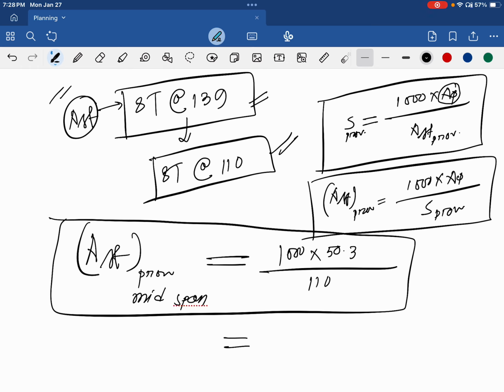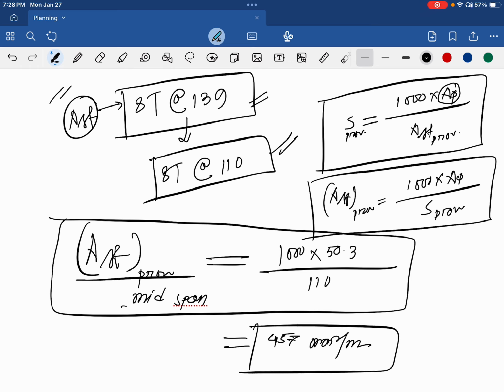I think it is coming 457 mm square per meter. Right, 457 mm square per meter. This is the AST provided at midspan. Correct. Remember this.